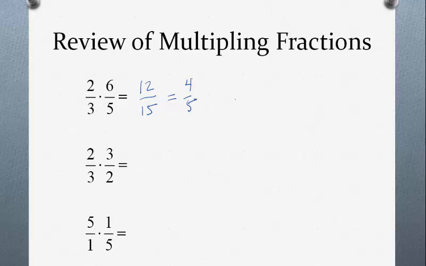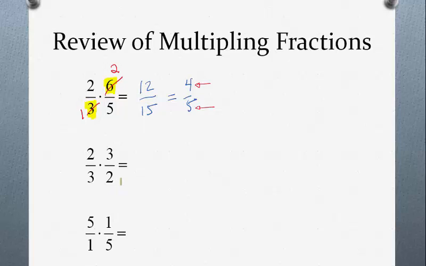Now the other way to arrive at 4/5 is before you do the multiplication, look back here and notice that the numerator and denominator share a common factor of 3, and so I could have divided by 3 here. 3 goes into 6 2 times, and 3 divides into 3 1 time, and if I multiply across, 2 times 2 gives me the 4 that I had here, and 1 times 5 gives me the 5. So if I can, I always like to simplify ahead of time.